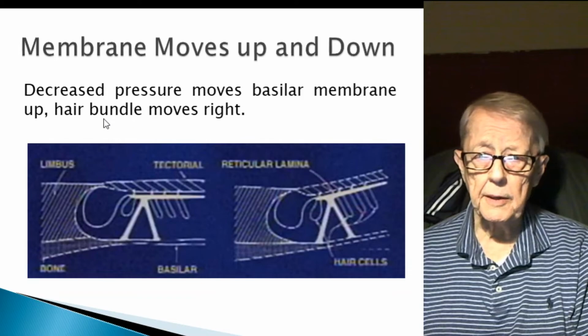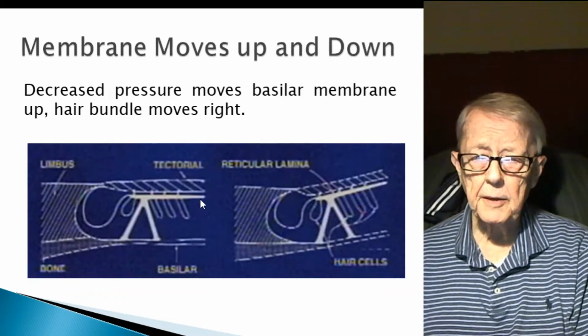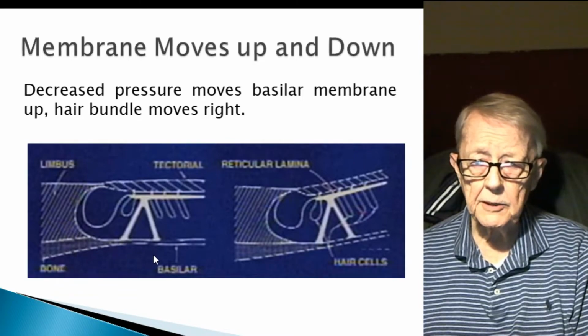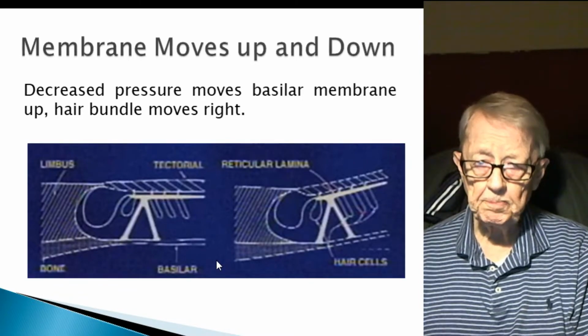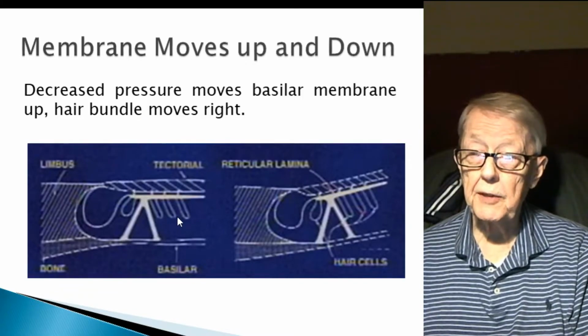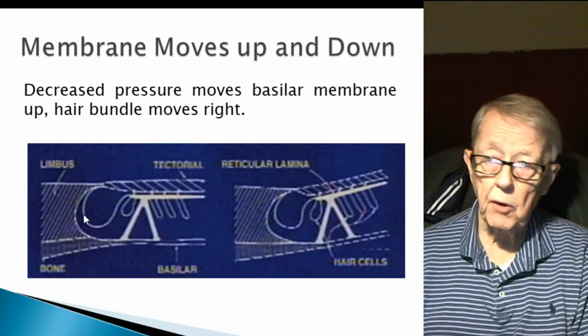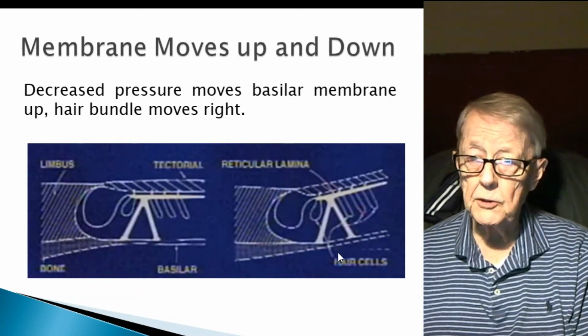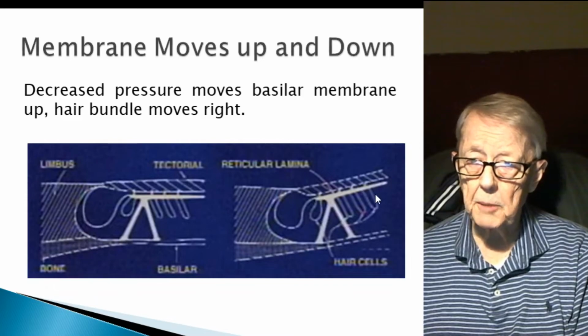And consequently, the hair bundle moves to the right. And this is trying to show that mechanically, this bottom layer is a basilar membrane. When there's decreased pressure, the internal pressure pushes the drum out against that decreased pressure. The membrane goes up and this whole structure goes up.